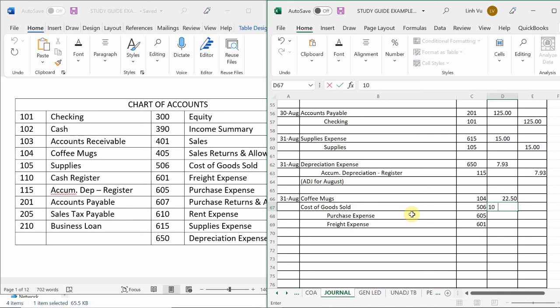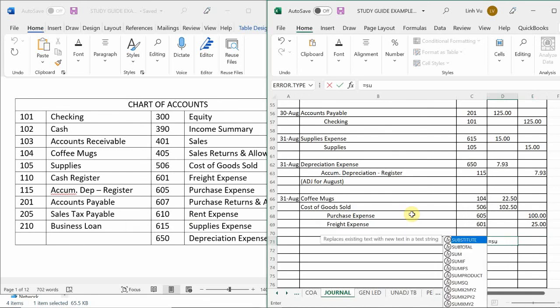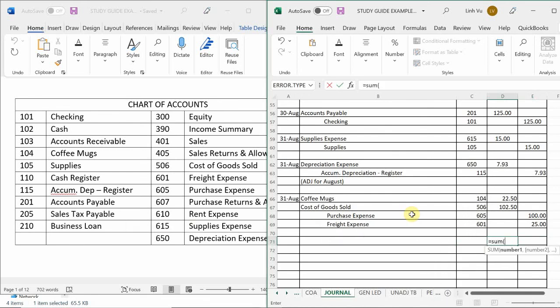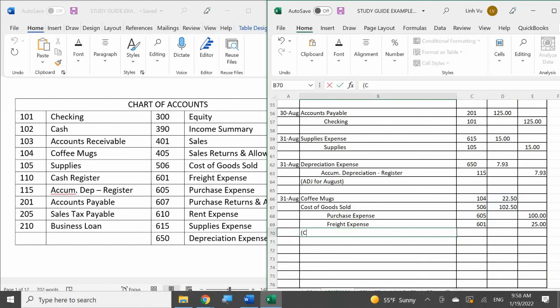Cost of goods sold was $102.50. Purchase expense was $100. Freight expense was $25. So to ensure that these calculations are correct, we got 125 on the left and 125 on the right. Okay. And I'm going to make this a conversion entry.